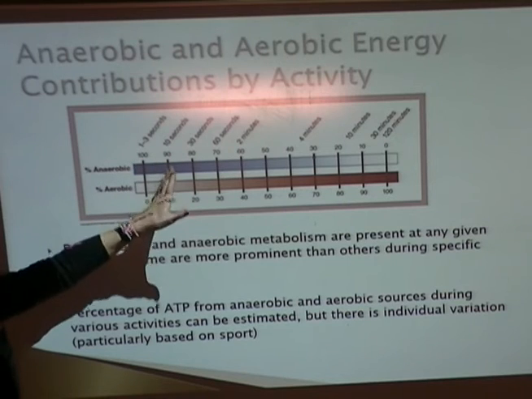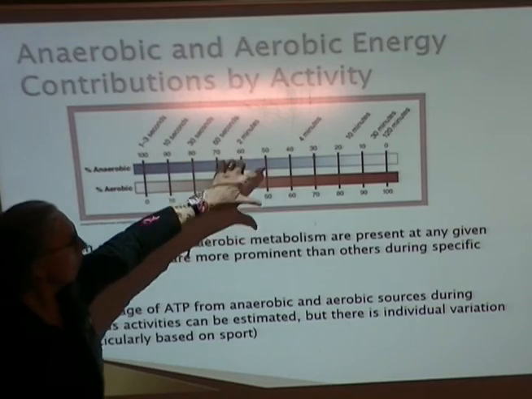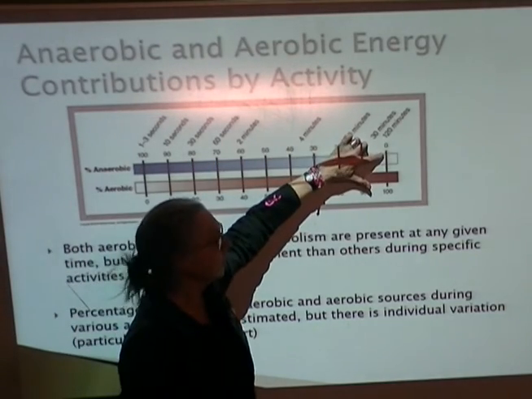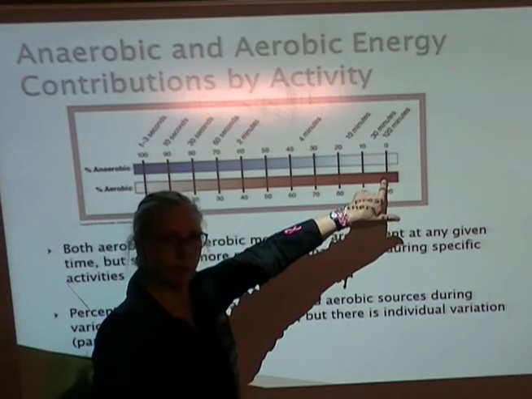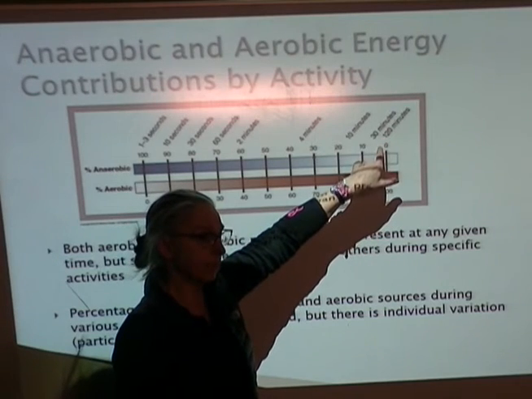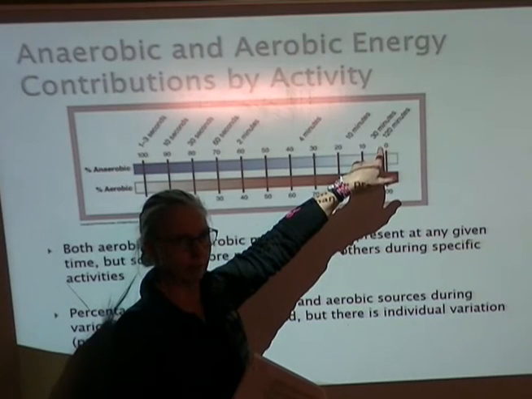But anything longer than that, we start to see a mix of the systems, and when we get up to 2 hours, now we're looking at 100% aerobic metabolism and no anaerobic metabolism. Unless you sprint into the finish line.